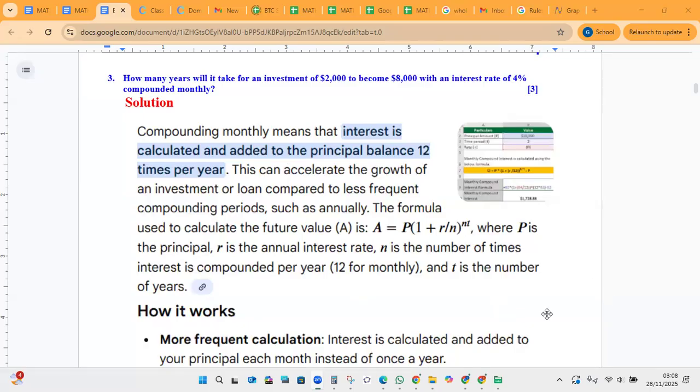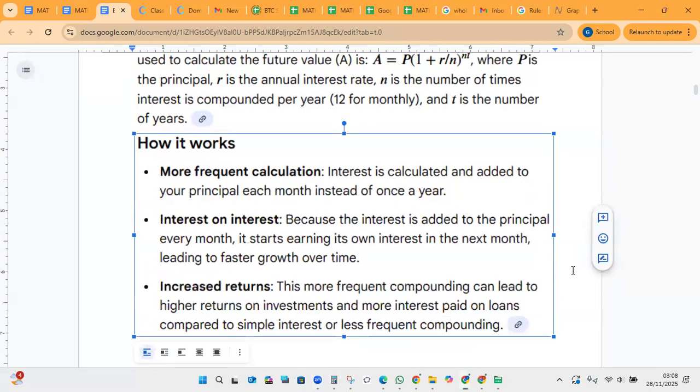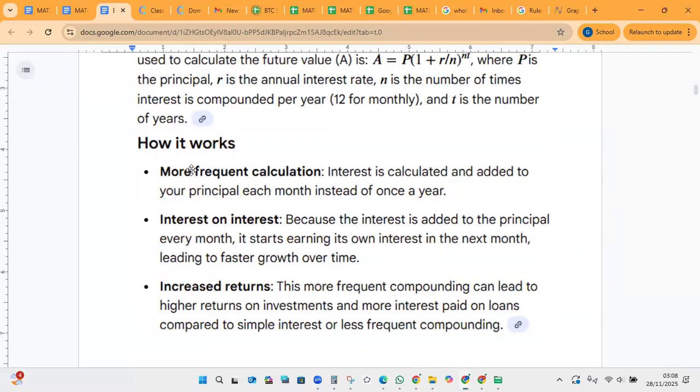Now it continues by telling us how it works. More frequent calculation: interest is calculated and added to your principal each month instead of once a year. Interest on interest: because the interest is added to the principal every month, it starts earning its own interest in the next month.